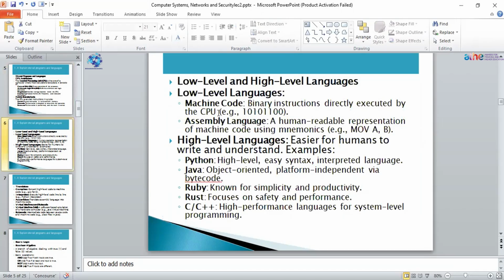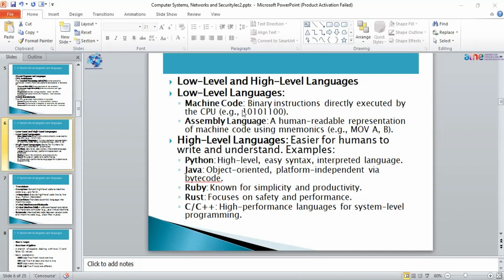Then after that, we have low-level and high-level languages. We have two types of languages in a computer system. What is the difference between these two? Low-level languages are closer to the computer but far from humans, meaning we humans cannot directly understand them. Why? As I told you in the last lecture, the computer only understands the language of zeros and ones.